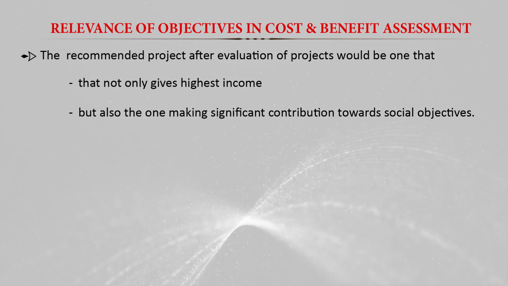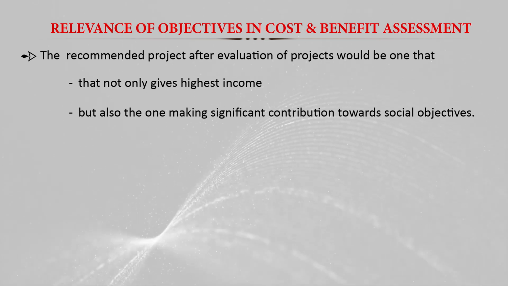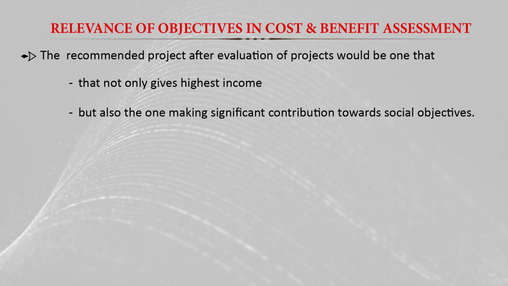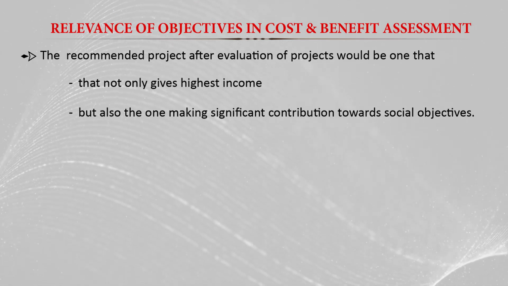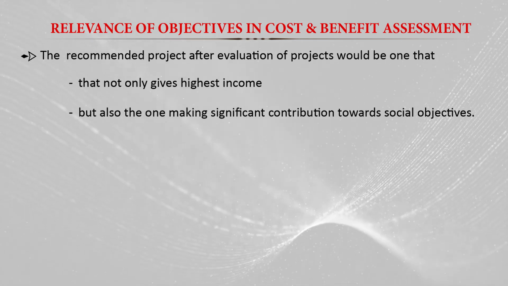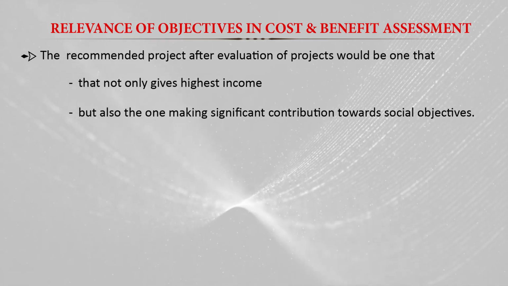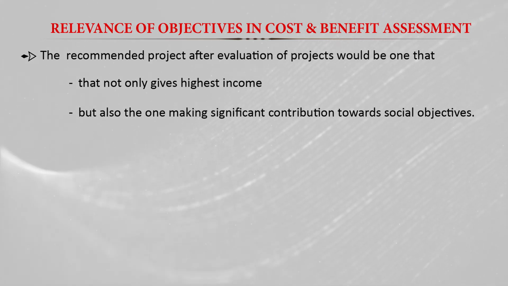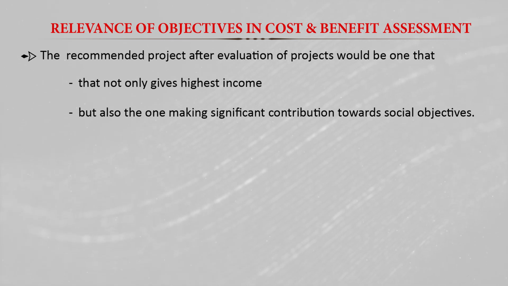So, if there are two projects giving the same level of income, in that condition we will select the project that is also adding some social contributions, that is also helping in achieving other objectives for society development.